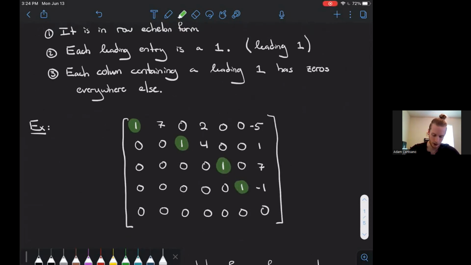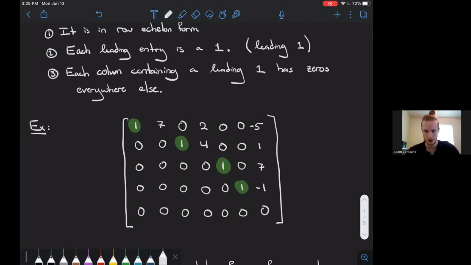And if you look, the fact that the leading entries are all ones is part two of our definition. But also, if you look at the columns corresponding to the leading ones, notice the only non-zero entry in each of those columns is precisely the leading one. Okay, so that's what reduced row echelon form looks like.